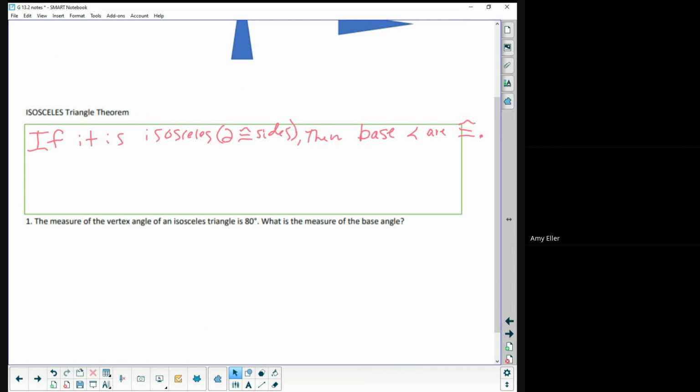So I want you to, in your notes, write converse. We're going to flip the statement because it has also been proven to always be true. Your converse is this.